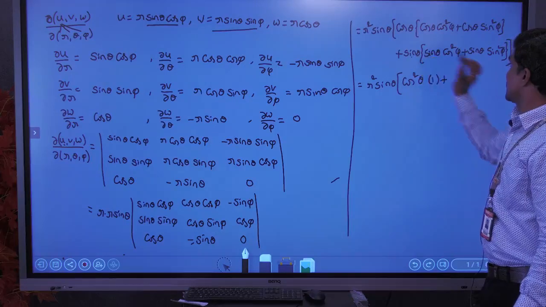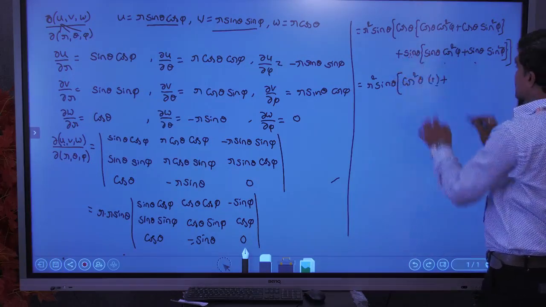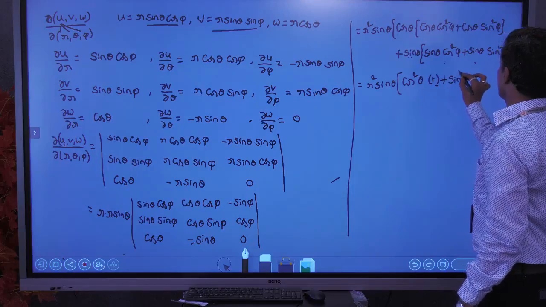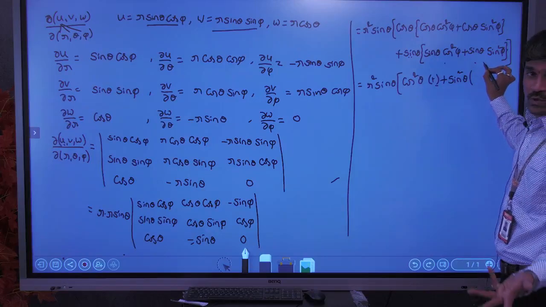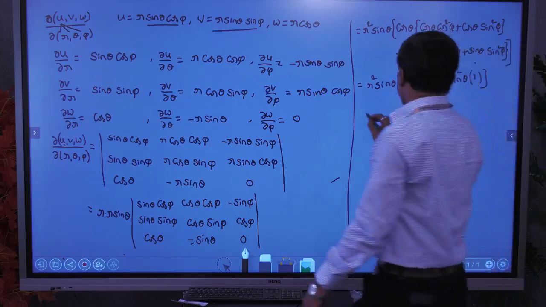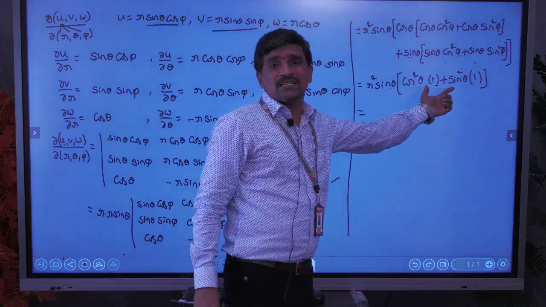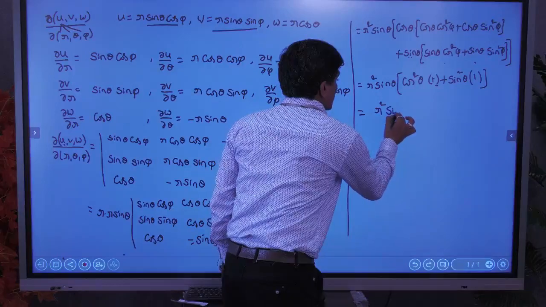Plus here sin theta is common, so again in the bracket we get cos square plus sin square, that is clearly 1. So finally we get r square sin theta.